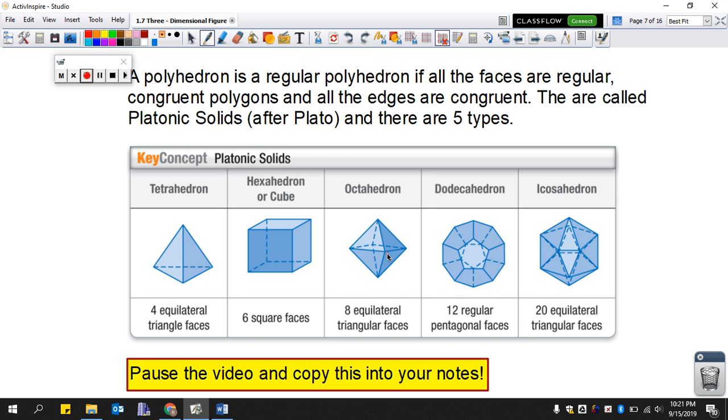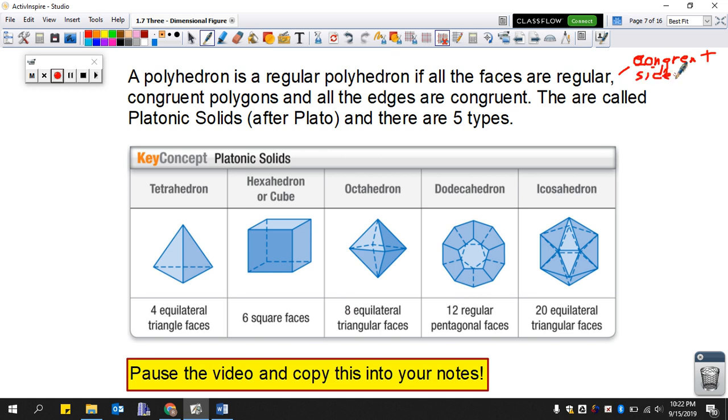All right, a polyhedron. The polyhedron is a regular polyhedron if all the faces are regular congruent polygons. In other words, remember, regular polygons means they have congruent side lengths.